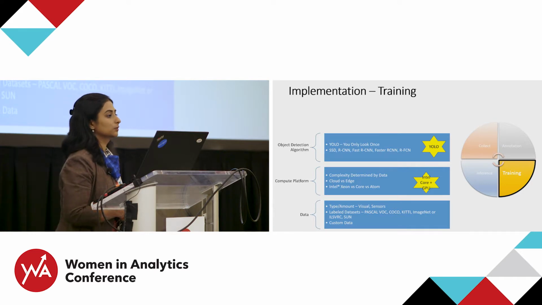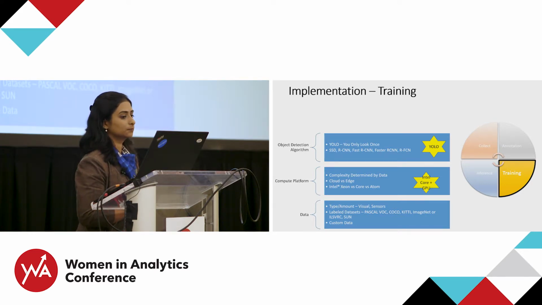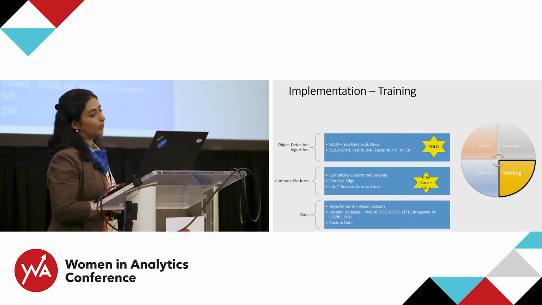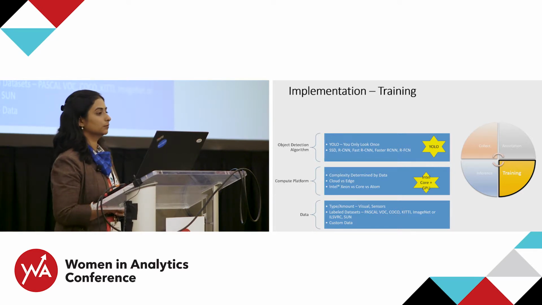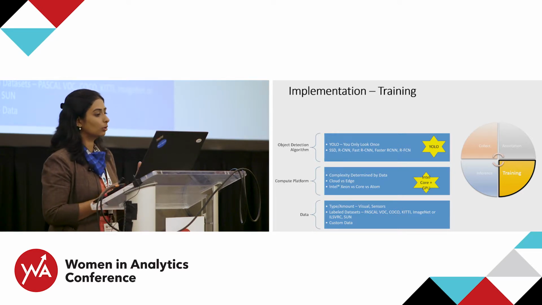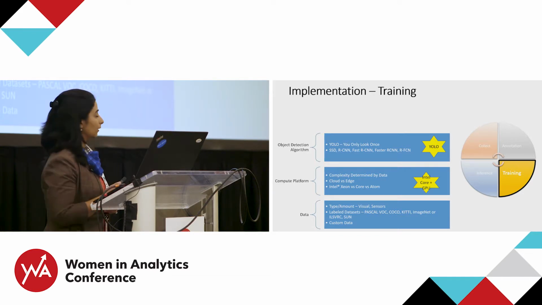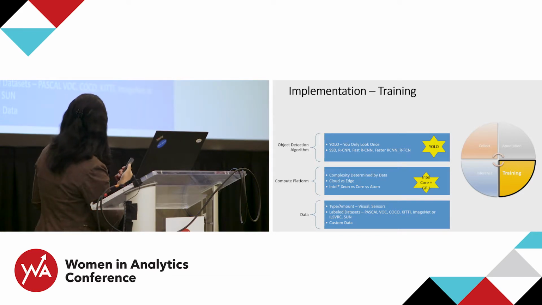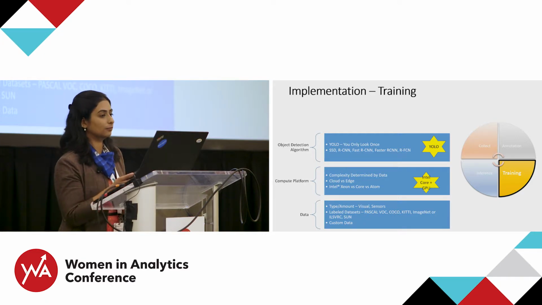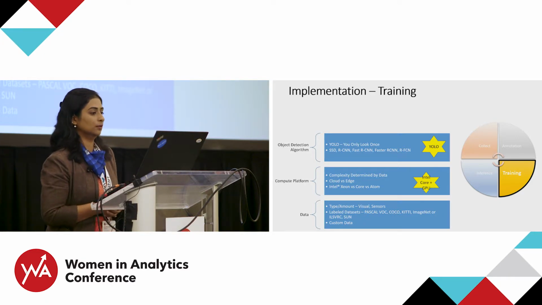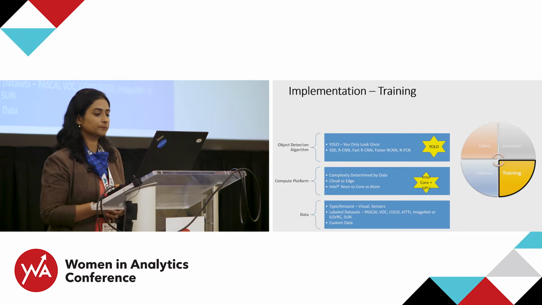The next thing to consider is the object detection algorithm. These are some of the very popular algorithms available for you to play around with: YOLO, which is You Only Look Once, SSD, Single Shot MultiBox Detector, RCNN, Fast RCNN, Faster RCNN, RFCN. These are all available in open source.